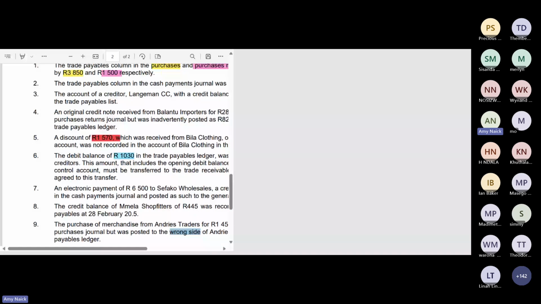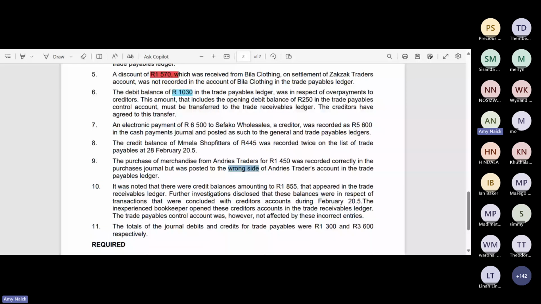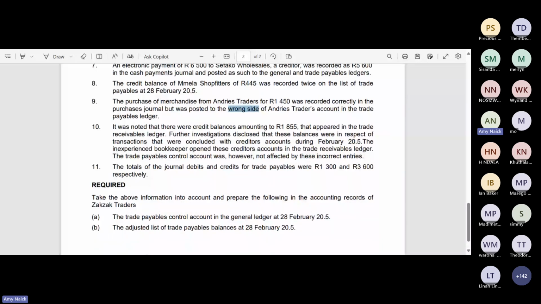Then we move on to note 10. So note 10 says, it was noted that there were credit balances amounting to 1,855 rands that appeared in the trade receivables ledger. Further investigations disclosed that these balances were in respect of transactions that were concluded with creditors during Feb 20.5.